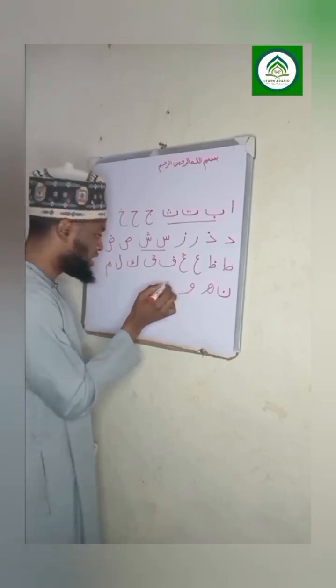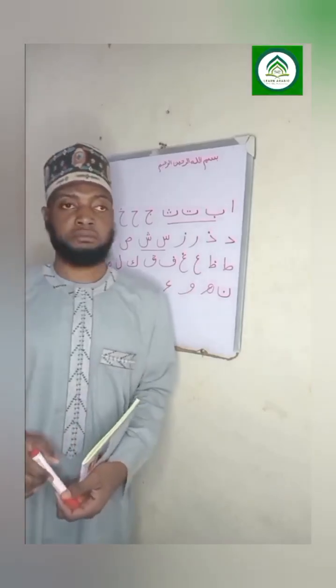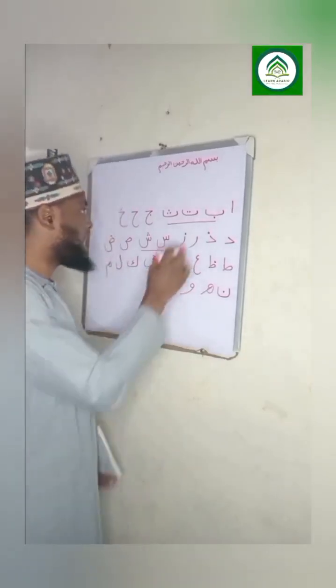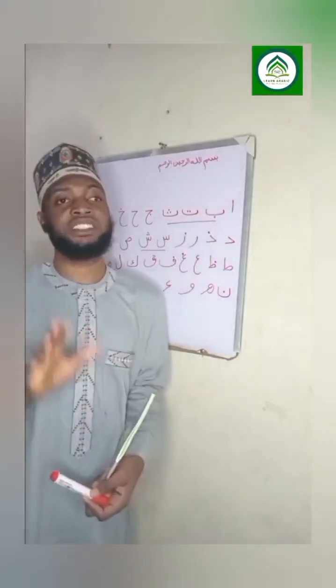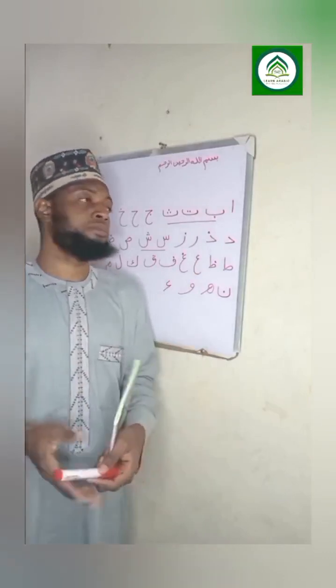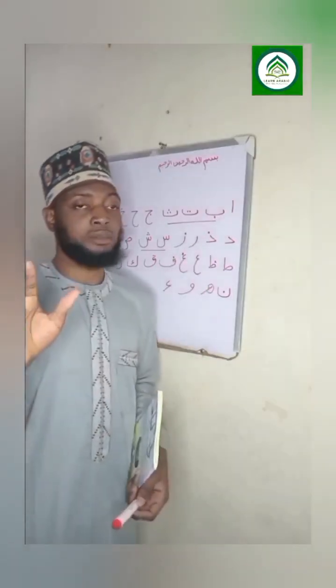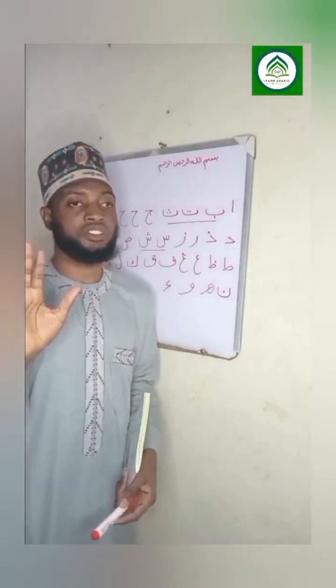The next letter is Hamza. Alif and Hamza have a similar sound. I can even say that they are the same thing, but many scholars differentiate between them. There are five letters which many people find hard to pronounce, but if you practice them the way I'm pronouncing them, you are going to get them, inshallah.